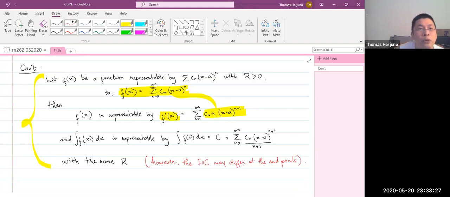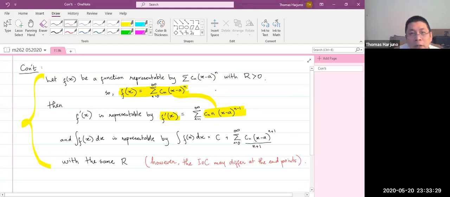You see, when you do the first derivative of this, the derivative of c_n, the coefficient of the nth term, times (x minus a) to the n, the coefficient will stay the same, right? And then this n moves to the front, (x minus a) to the n minus 1.